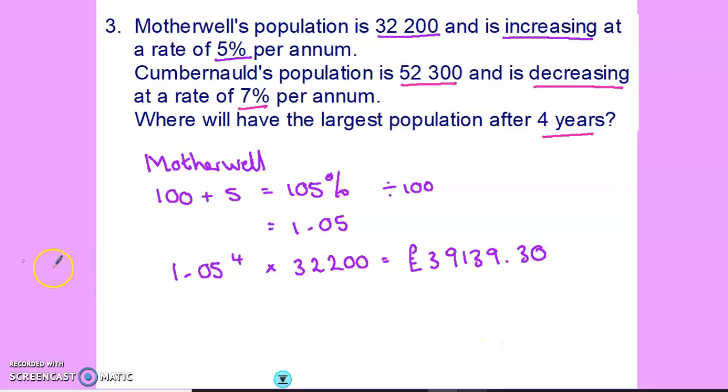Oh, we're not talking about money here. Let's fix this. We're talking about population. Because we're talking about population, I need to round this to the nearest whole number. We don't want half a person, or 0.3 of a person in this case.